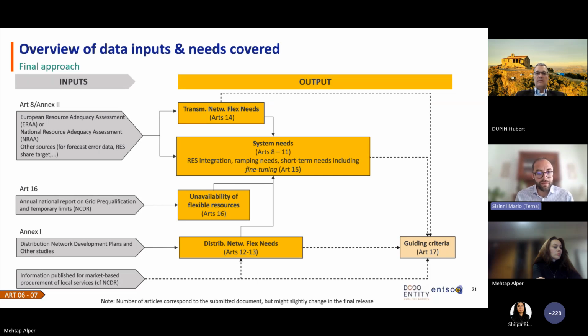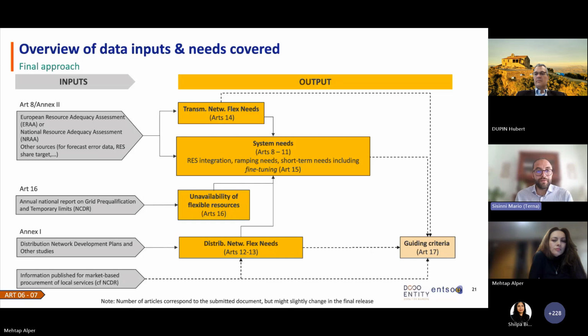You'll see later in the presentation why we have introduced this concept of fine-tuning, because of course it's important that we quantify the needs individually, but we also need to avoid any overlaps within the needs or double counting of the resources. So we introduce a fine-tuning to be able to take into account the whole perspective of the needs from all different angles and quantify this for the whole electricity system.